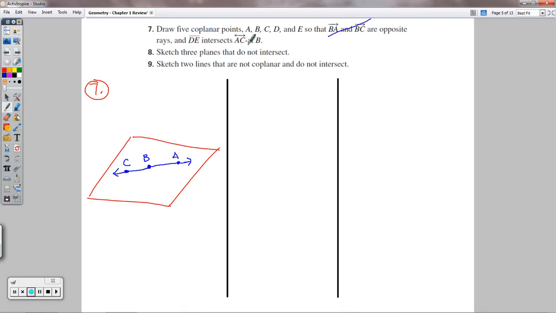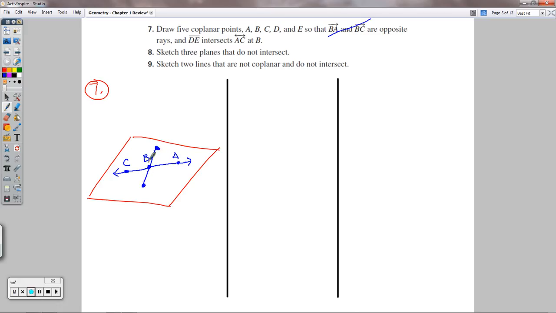DE intersects AC. So here's a line AC. And segment DE intersects AC at B. And so I could put this segment anywhere as long as it crosses through B and is on this plane. I could put the segment there, anywhere I felt like it, and I'd be okay. So I'm going to call this, it says segment, so I'm going to connect those two.